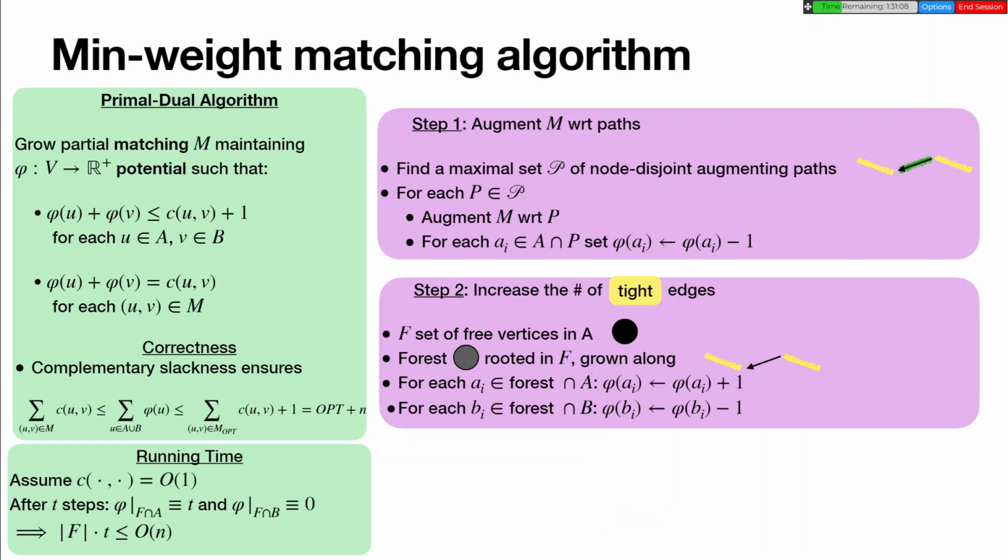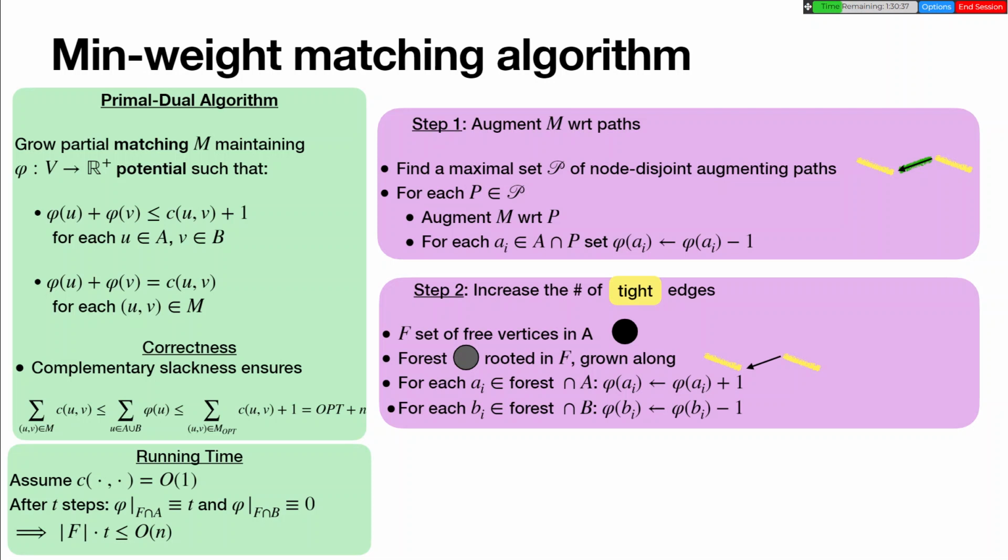So if we just combine the cost of matching these free vertices on the left hand side and free vertices on the right hand side arbitrarily, then since the cost is bounded, we get the inequality that the number of free vertices times t is less than or equal to big O of n. Of course, this is thanks to the feasibility of the potentials.